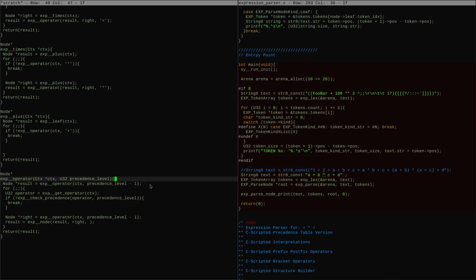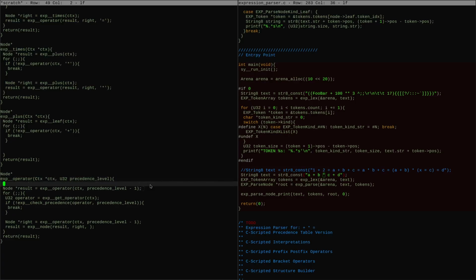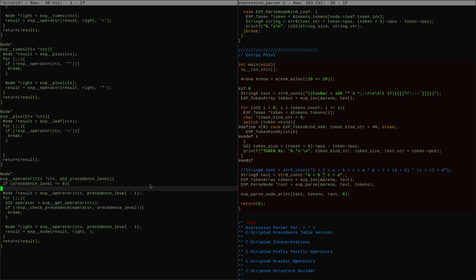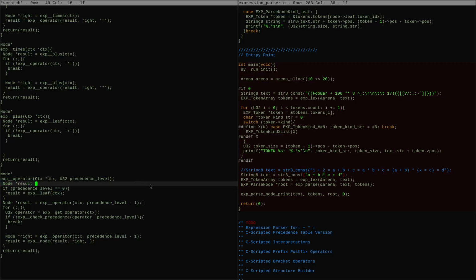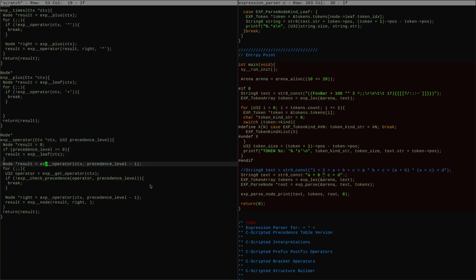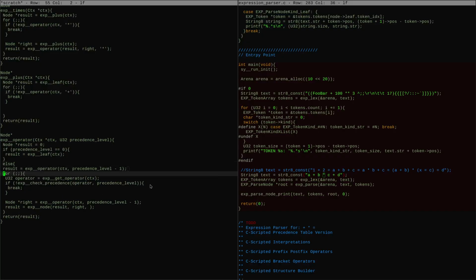The other thing you'd have to add here is: if precedence level equals 0, then this just becomes result equals exp leaf context, right? So that way, as it goes down the ladder, it eventually pops out as a leaf, and all of this is actually in the other case.